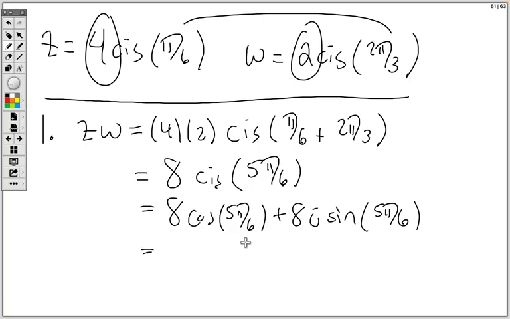The cosine of 5 pi over 6 is negative square root 3 over 2 times 8, so negative 4 square root 3, plus the sine of 5 pi over 6 is a half, times 8 is 4, plus 4i.